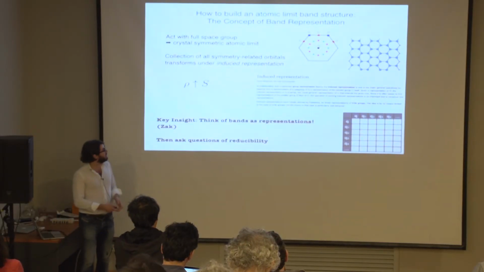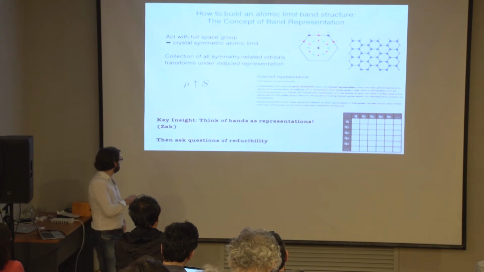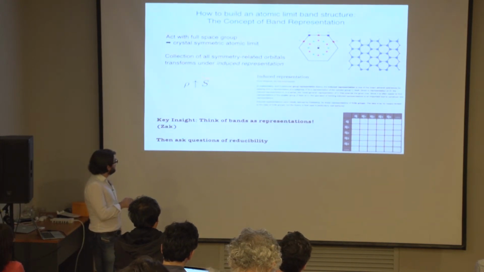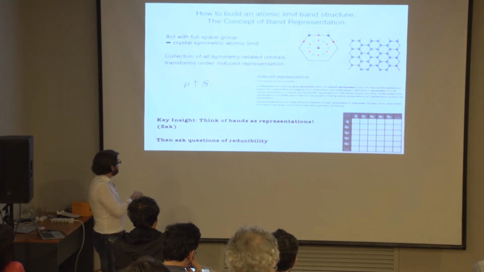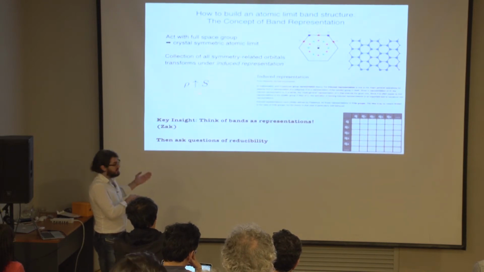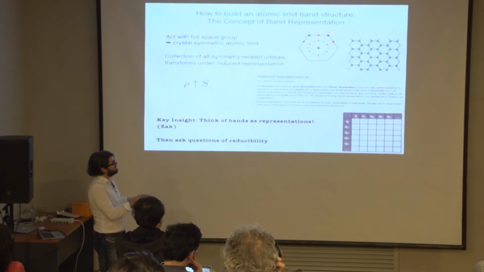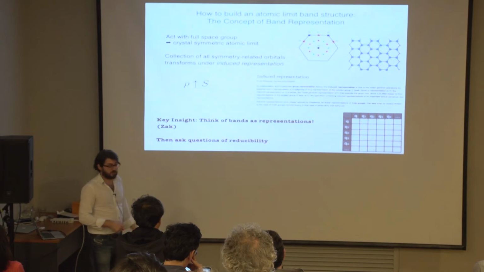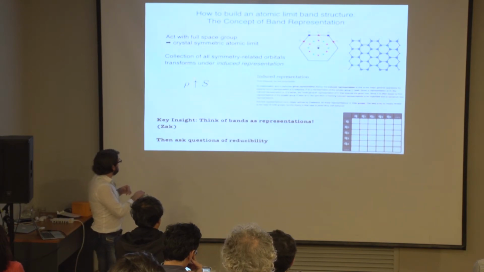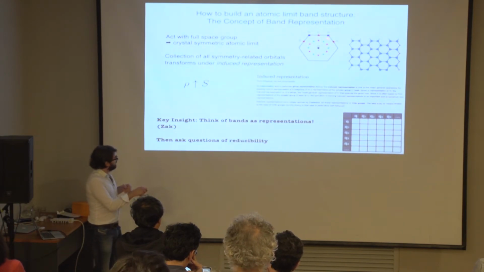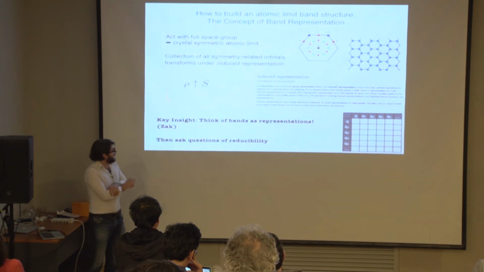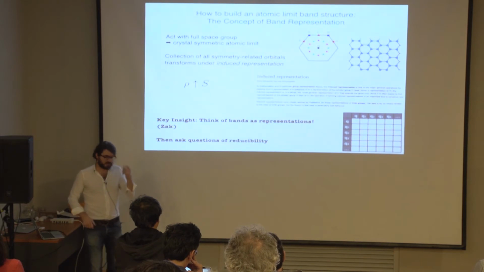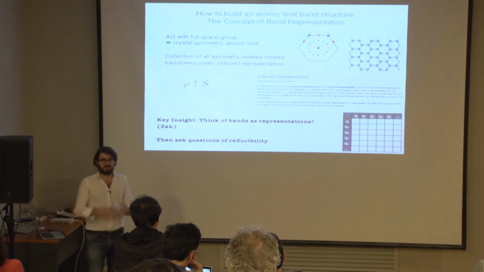But the moral of the story, the key insight that Zach had, is he told us to think of the bands as just induced representations. And there's a formula for finding this induced representation: you have a representation of this point group here, and you can find an induced representation of it to the full space group. So he said, think about these bands as representations and now ask questions of reducibility of these band representations.